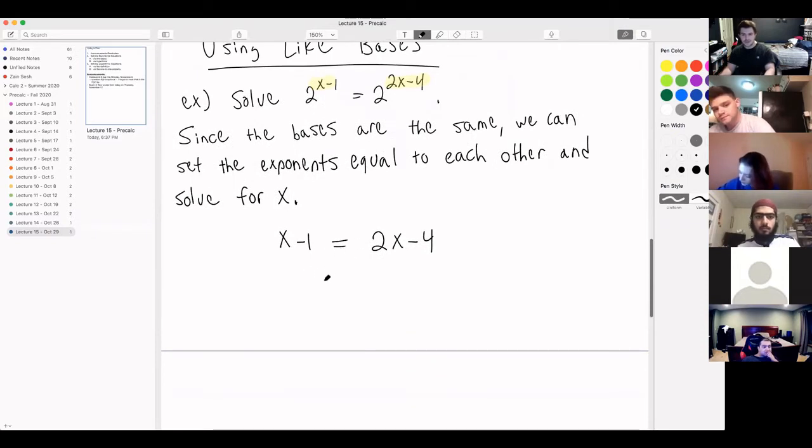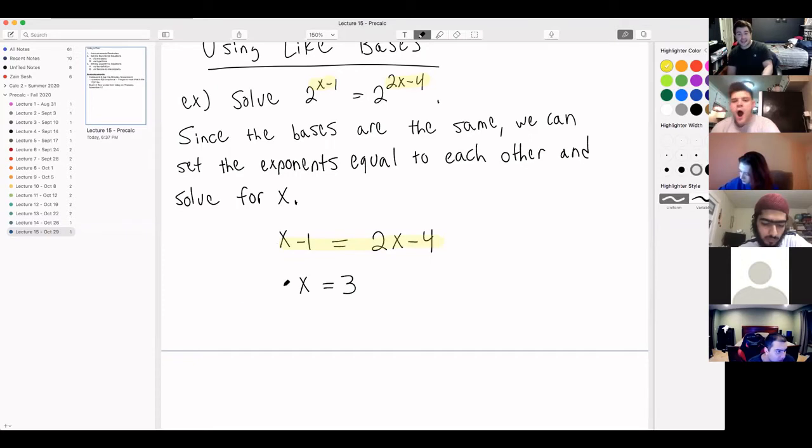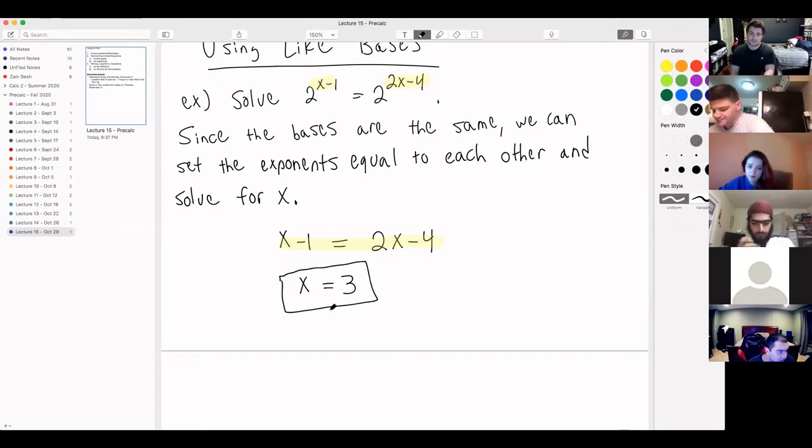I can leave it to you guys to work out the details, but you will get x is equal to 3. I'm fairly confident in everyone's abilities in solving this equation. So x equals 3, and that's going to be the answer to our exponential equation.